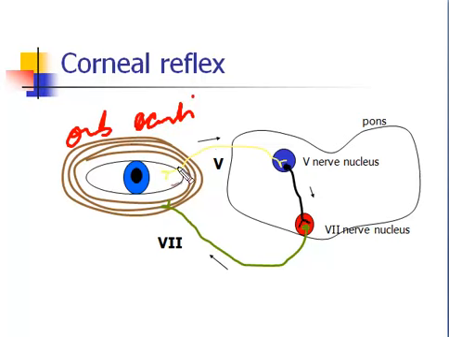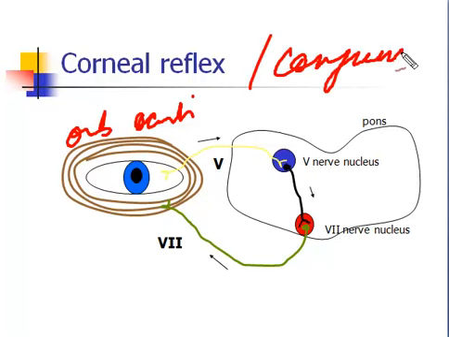So you can see the afferent fiber, so irritation over the cornea, or even the same thing could be true of conjunctival reflex. So they are both somatic reflexes. If either the cornea or the conjunctiva is irritated, this area is supplied by the fifth cranial nerve. The afferent fibers go to the fifth nerve nucleus. An interneuron connects it to the seventh nerve. And the efferent fibers, which are motor fibers, go to the orbicularis oculi muscle and stimulate it, and it constricts and you close your eye.